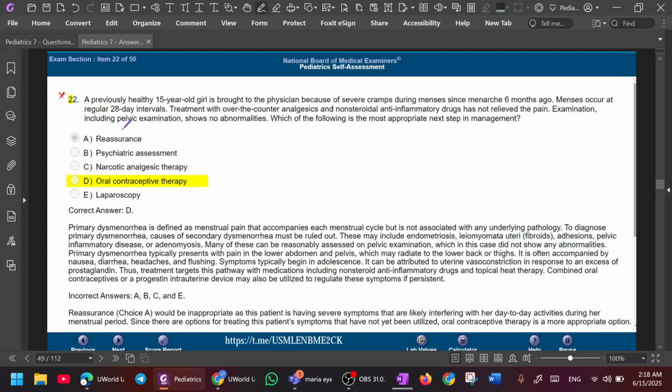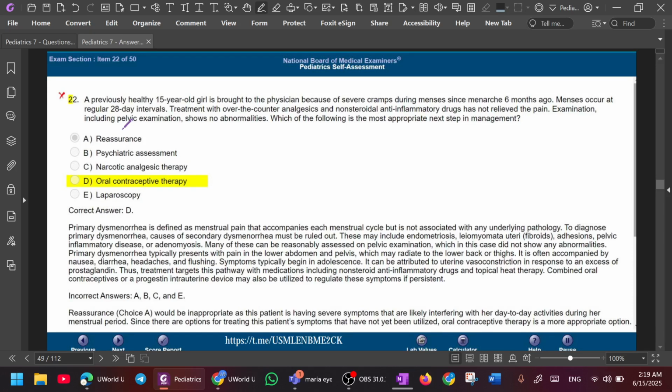Primary dysmenorrhea typically presents with pain in the lower abdomen and pelvis, which may radiate to the lower back or thighs. It's often accompanied by nausea, diarrhea, headaches, and flushing. Symptoms typically begin in adolescence. It can be attributed to uterine vasoconstriction in response to excess prostaglandin. Thus, treatment targets this pathway, with medications such as NSAIDs and topical heat therapy. Combined OCPs or a progestin IUD may also be utilized to regulate the symptoms if they persist.